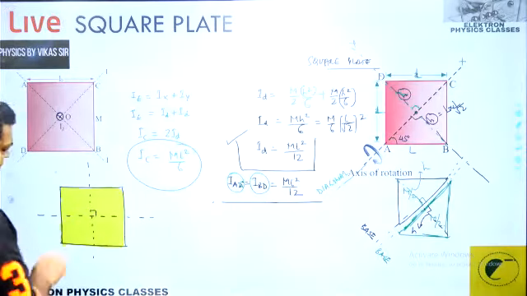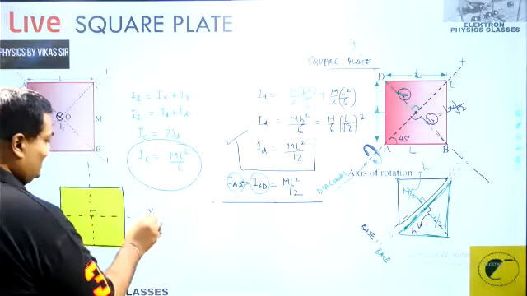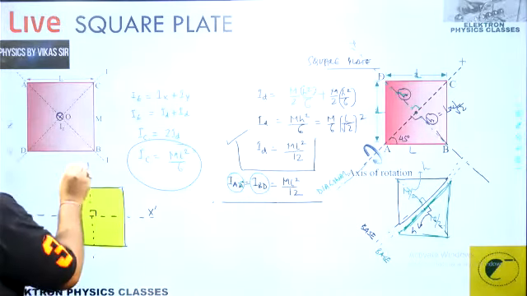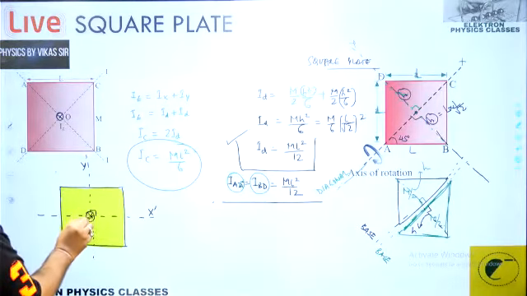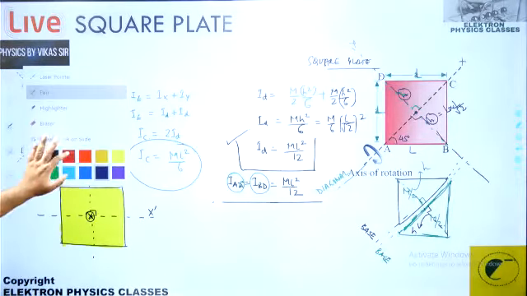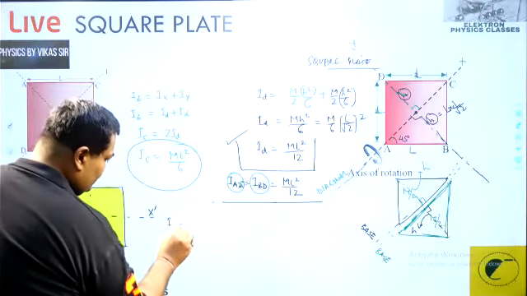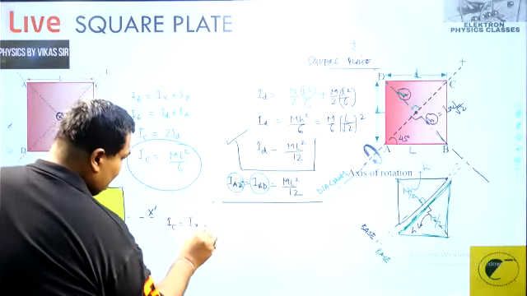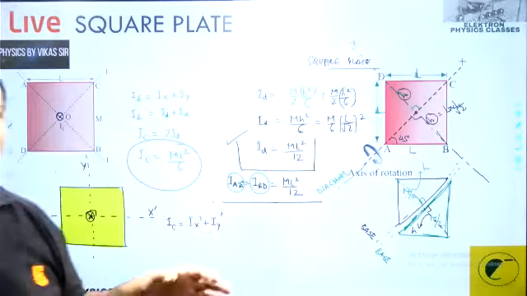So in that case, these two are mutually perpendicular. Now you can say, sir, this is the x-axis. I can say, of course, this is x prime. This is y prime. These are another two mutually perpendicular axes. And the third one is the perpendicular axis. So how can I relate them? I can relate them as: this axis, that is centroidal, is equal to Ix prime plus Iy prime, once again using the perpendicular axis theorem.